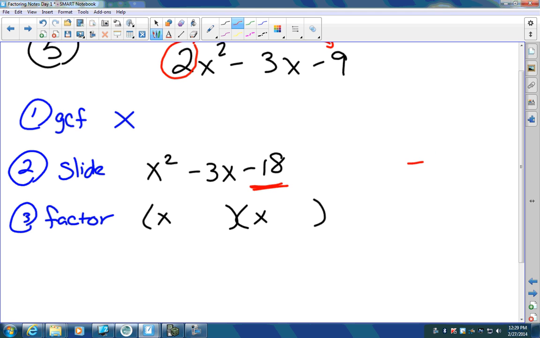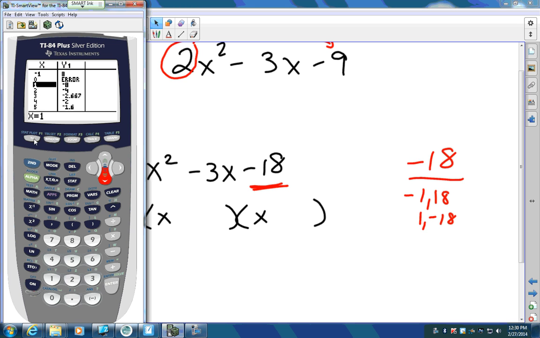I want to find the factors of negative 18. You may write them out all day long if you would like. If you want to do negative 1 and 18, 1 and negative 18, you sure can do that. But myself, I'm going into this bad boy right here and putting in there negative 18 divided by x. And now instead of writing it, like I used to have to in the old days, I can look at it.